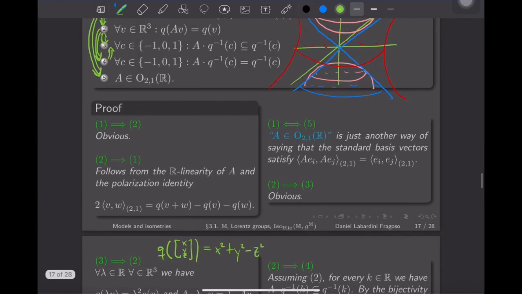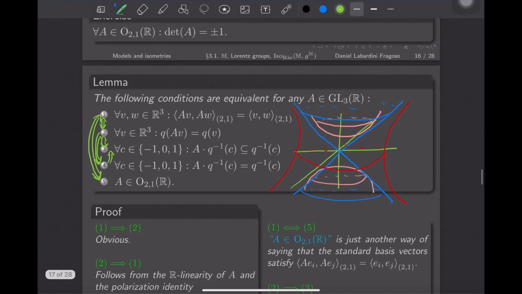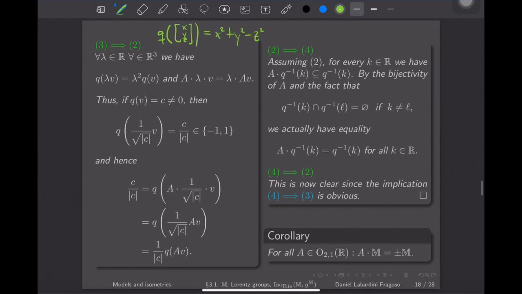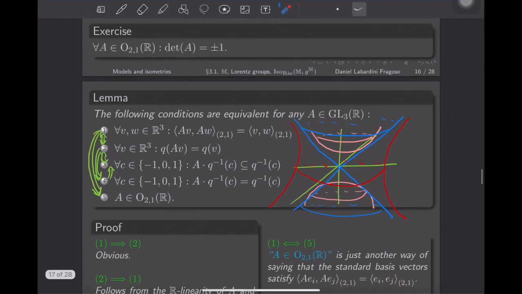And then the immediate corollary is that when I just take the upper sheet, I mean, I just take the hyperboloid, but only the part I'm interested in for hyperbolic purposes, and I apply an element of the Lorentz group.